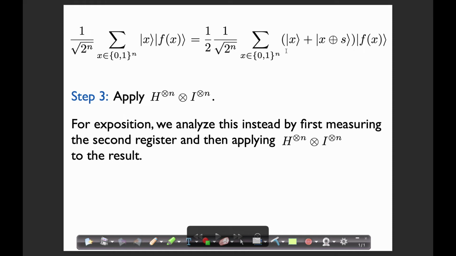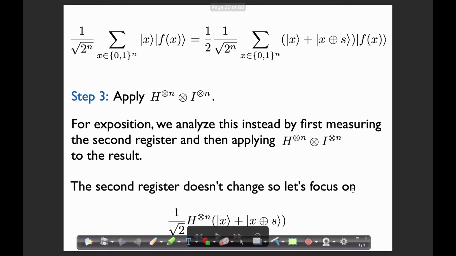Now I've rewritten the state like this, and it's easy to see what happens when we measure the second register. We're just going to see some random value z in the second register, and then a superposition of x and x XOR s, which both map to z under f.